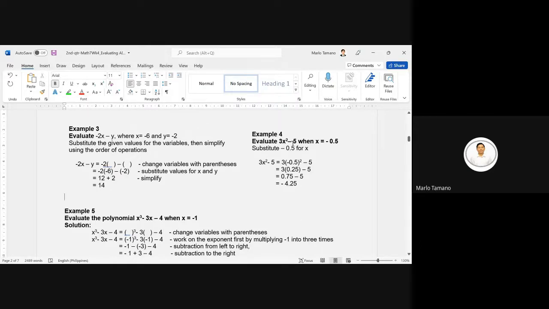Number 4 now. Evaluate 3x squared minus 5 when x is negative 0.5. Substitute negative 0.5 for x.